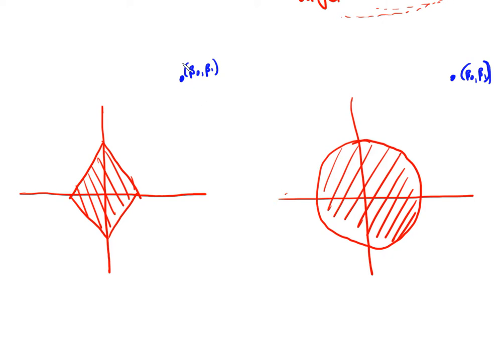So if I'm to draw a contour like this, I'm not just going to draw a contour. I'm going to look at my RSS values. When you calculate your RSS value, it will say RSS of 9.9, and I'm going to look at all beta naughts that give me that RSS of 9.9. So this contour has the combination of these beta naughts and beta 1 that have the same RSS value.